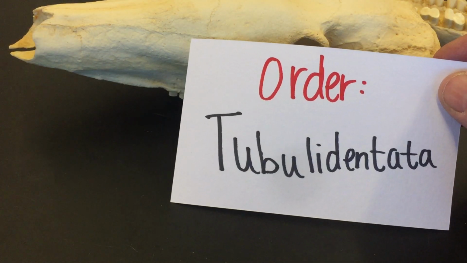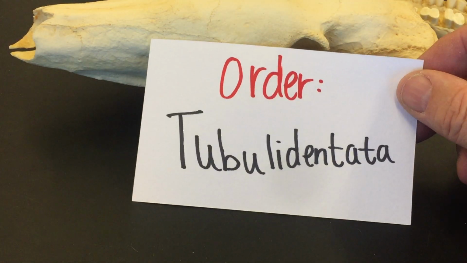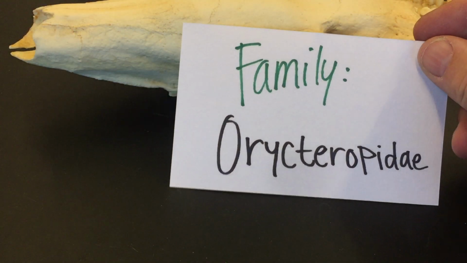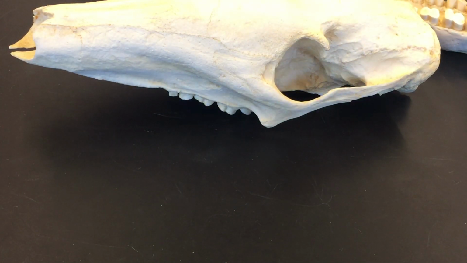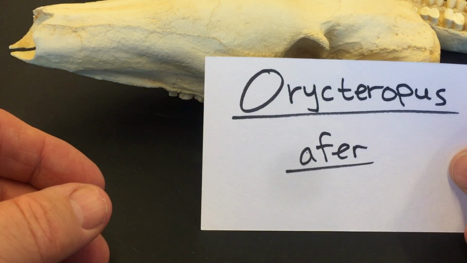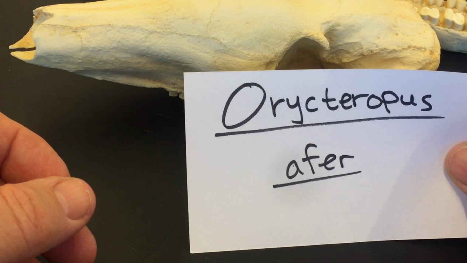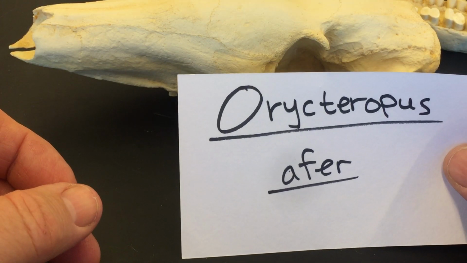It's probably in need of a more thorough genetic analysis. So order Tubulidentata, family Orycteropodidae. And I expect you to know this one to species as well because it's monotypic. And the genus name is Orycteropus, and out to species it's Orycteropus afer.